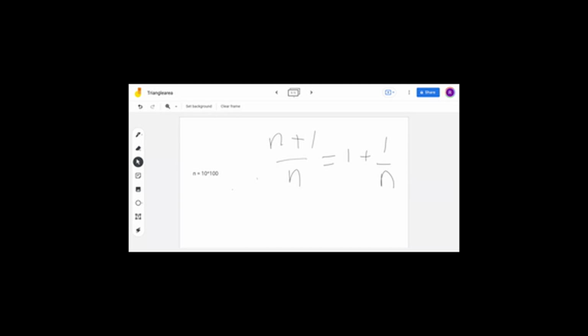Is that small or is that big? What is 10 to the power minus 100? Sir, small. How small is it? If you write it in decimal, 0.00, how many zeros will you get?